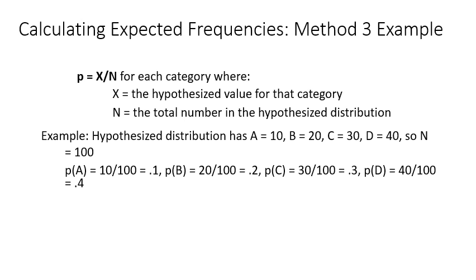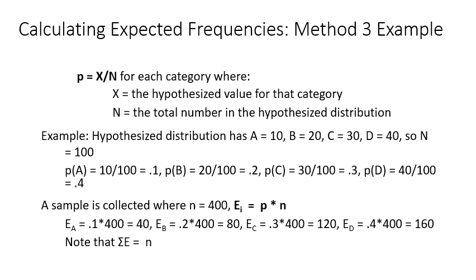So probability for A is 0.1, B is 0.2, C is 0.3, D is 0.4. Then we need to get expected for each one by multiplying that probability times the n of the sample. So a sample is collected where n equals 400. So 0.1 times 400 is 40, all the way up to 0.4 times 400 is 160.